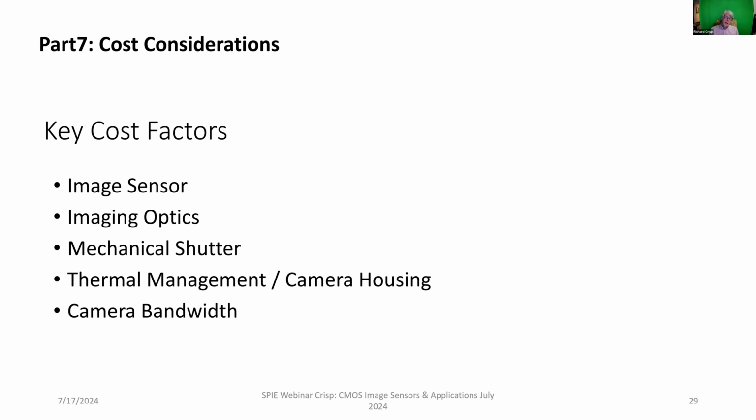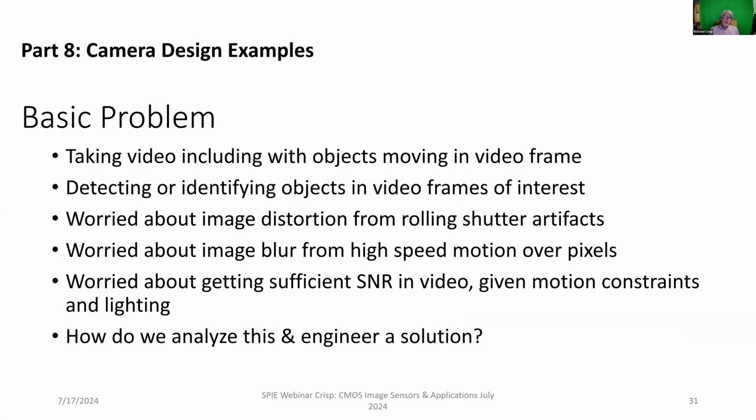If you've got to have cooling built into it, then you've got to deal with thermal management and an environmentally sealed camera housing. And if you've got high resolution and high frame rate, you're going to have high camera bandwidth, so the electronics that support high frequency data transmission cost more than those that support low frequency.